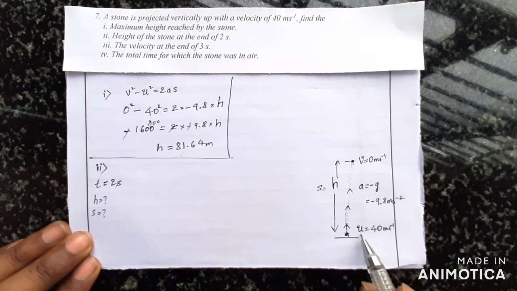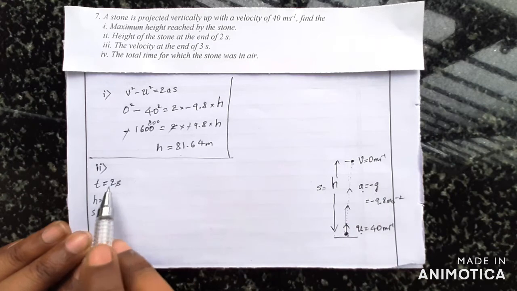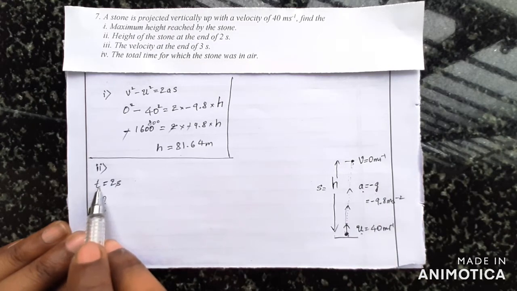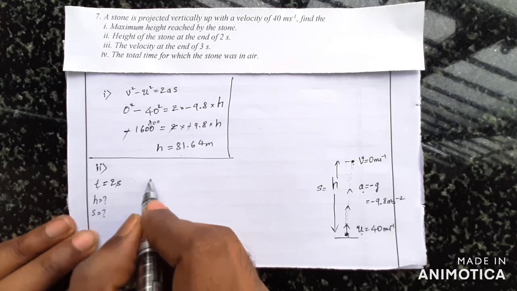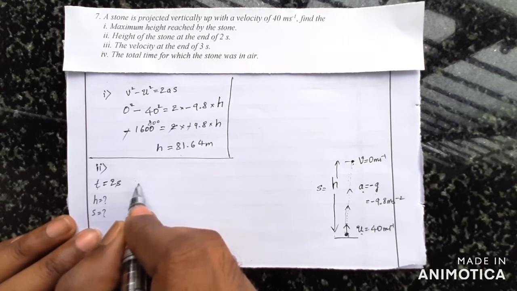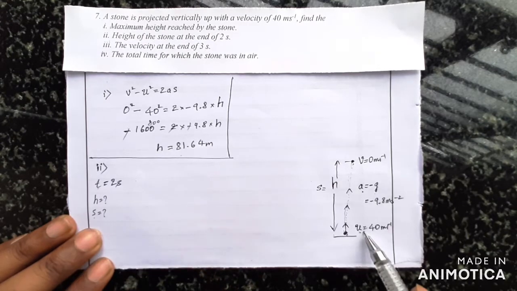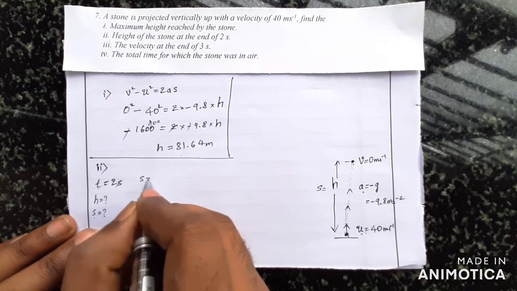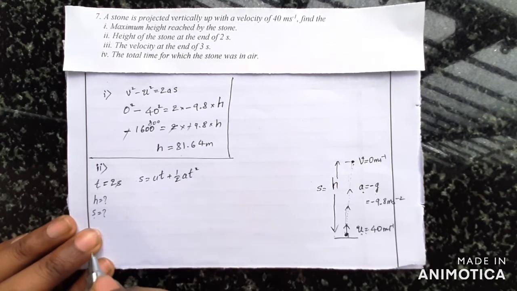Okay, initial velocity remains the same, acceleration remains the same. This time, instead of v, final velocity, we have the information about the time taken by the stone. So once again, we need a formula which will give us the connection between s, t, u and a, which is s is equal to ut plus half a t squared.